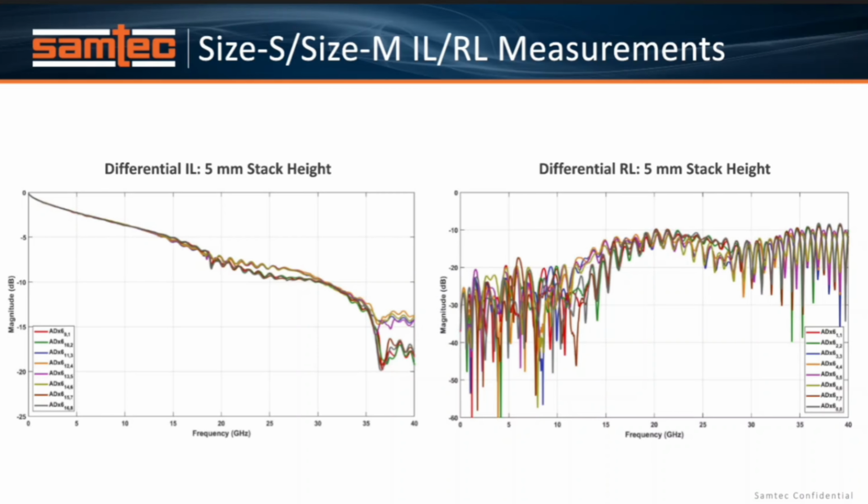So this is just the insertion loss and the return loss of mated connector pairs for the size L and size M connectors. And you can see at, let's call it PCIe 5, 32 gigabit per second, you have a Nyquist at 16 gigahertz. So right here, you have an insertion loss of about 5 to 6 dB.